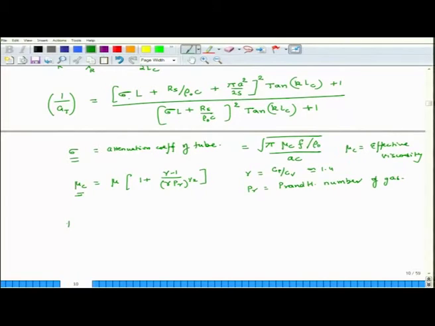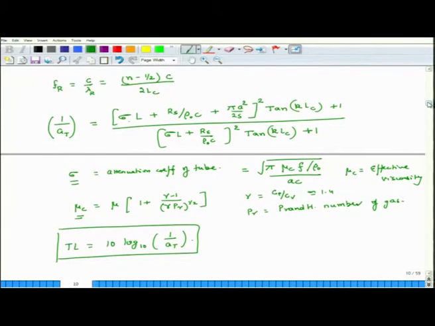And again transmission loss is 10 log 10 of 1 over AT. So, for this side branch muffler, this is the transmission loss. So, we can calculate transmission loss in such a way, and a couple of things. See what happens. So, we will look at this relation.